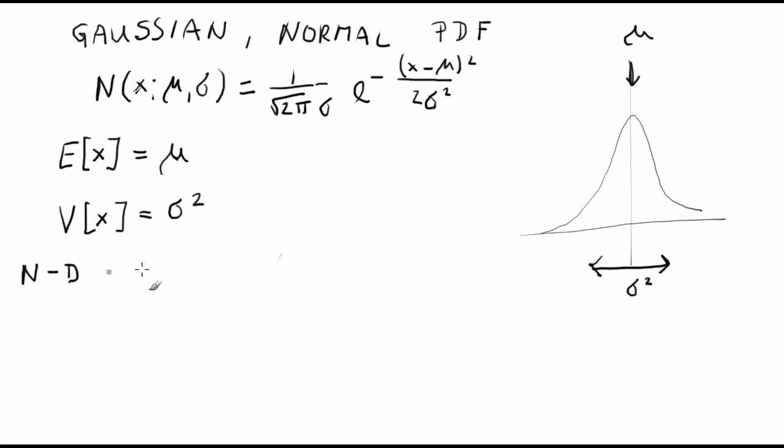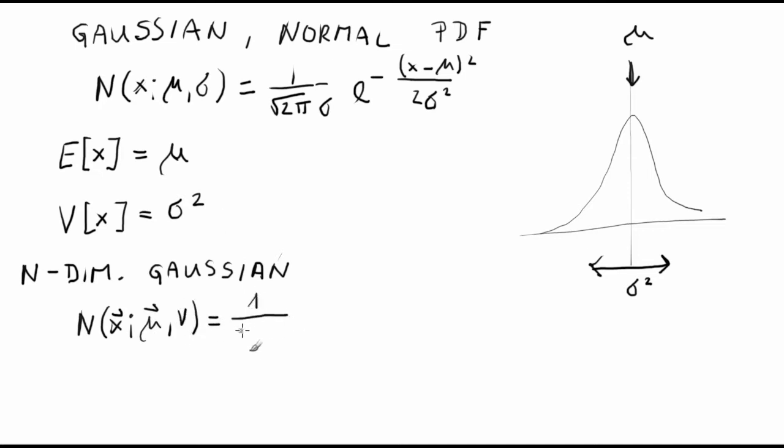In n dimensions, the normal distribution is defined as follows: N of x vector semicolon mu vector, V, equals 1 over (2 pi) to the power of n over 2 times square root of determinant of V, times exponential of minus x vector minus mu vector, transposed, times inverse of V times x vector minus mu vector.